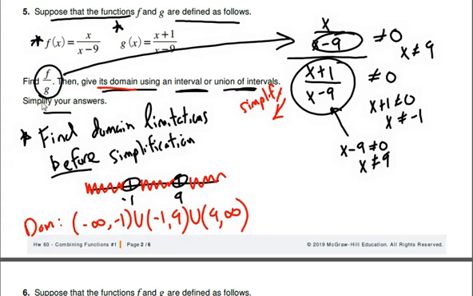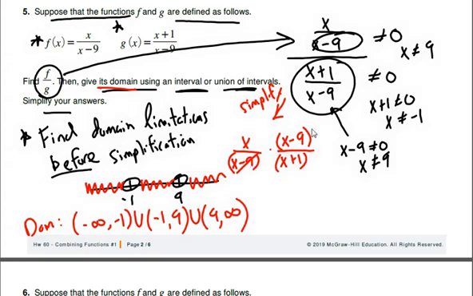However, I also need to take care of this part right here, which is find f over g, and they want us to simplify it. So I'm going to simplify this fraction and write it as the numerator, which is x over x minus 9, and then instead of dividing by the denominator, I'm going to multiply by the reciprocal, flip it, of the denominator. So I have (x minus 9) over (x plus 1). I put parentheses around all of these so you can see that they're all unique terms.